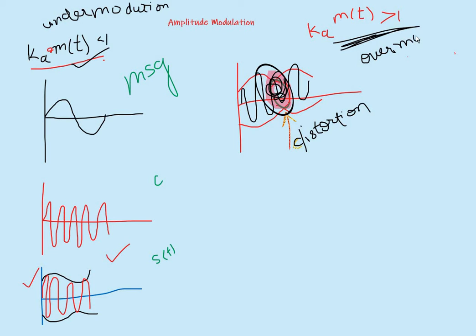Now there is one more case that can happen. This ka into m of t can be equal to 1 too. When ka into m of t is equal to 1, this kind of modulation is called critical modulation.